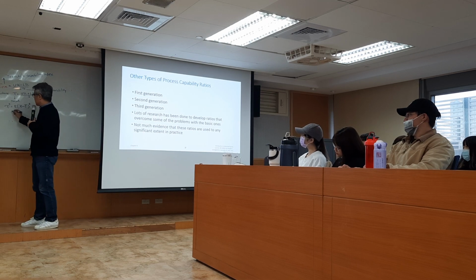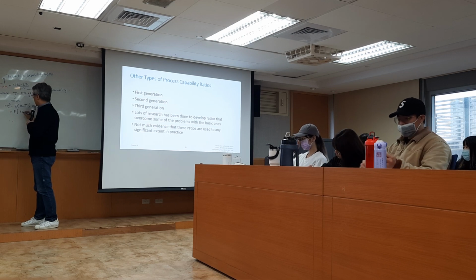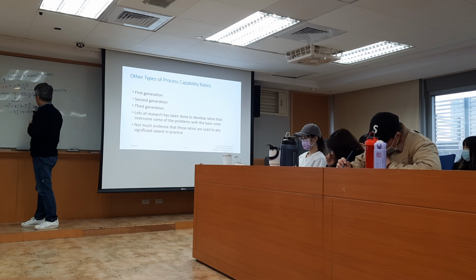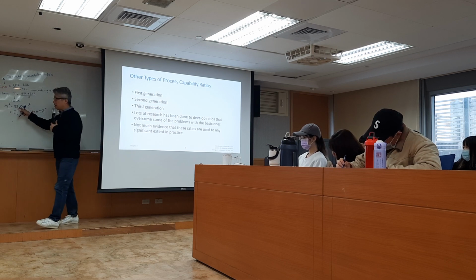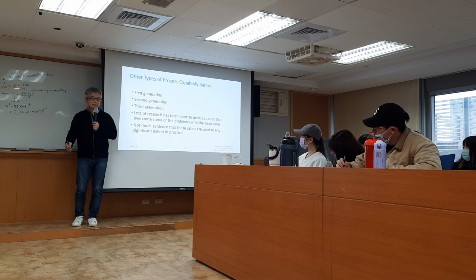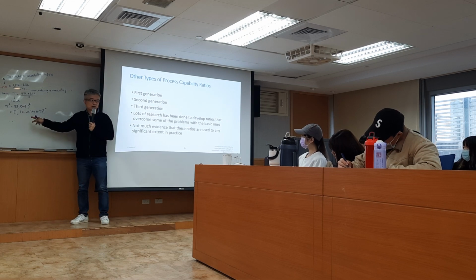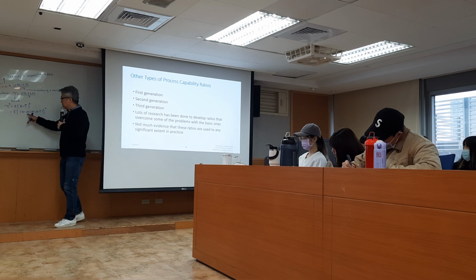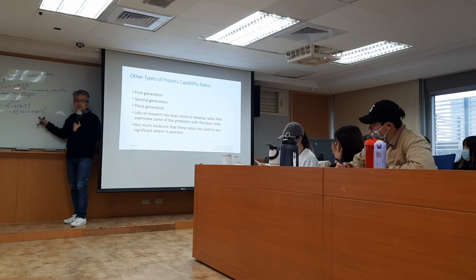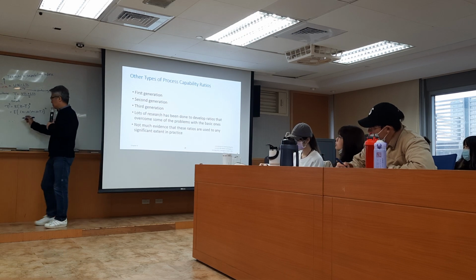This can be written as X minus mu plus mu minus target. The expected value of the observation deviating from the center. Can we do that? Yes, we can. Then (a plus b) squared equals a squared plus b squared plus 2ab.